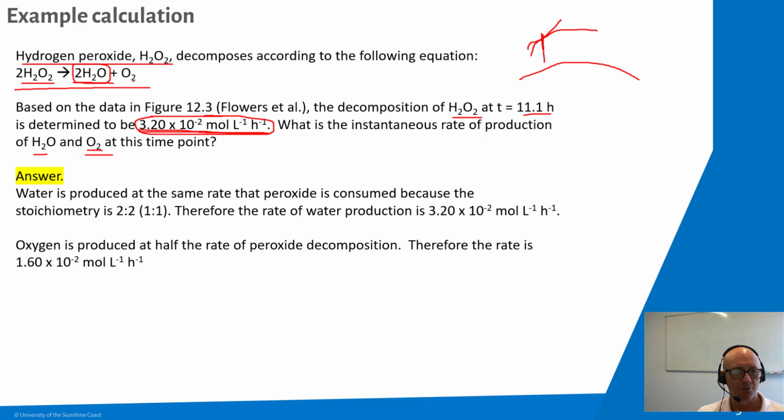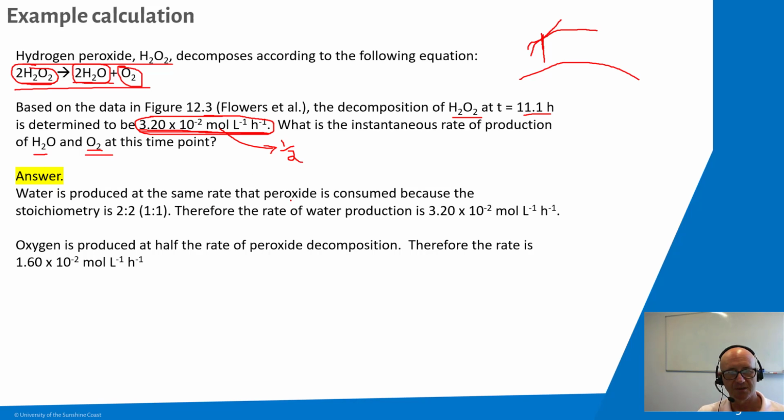For the oxygen, you'll notice that for every 2 of these peroxides that break down, you only get 1 oxygen. So in other words, oxygen is being produced at half the rate that peroxide is being broken down, and therefore it would be half of this rate here for the oxygen. And that's what I've written here as the answer.